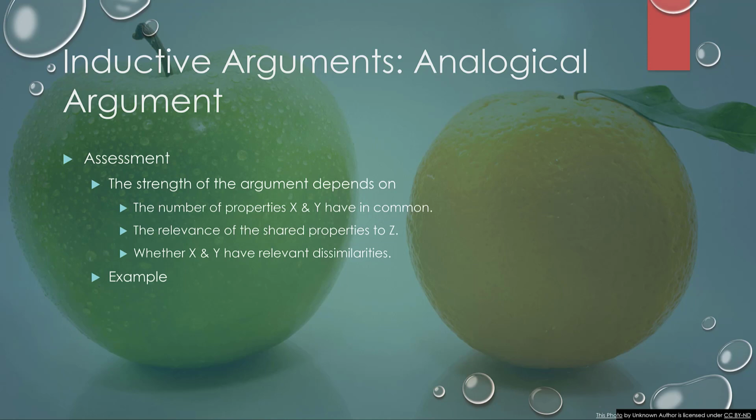But if you were to say, well, I'm a philosophy professor, my coffee cup is like me, therefore my coffee cup is a professor, you'd probably think that's not a good argument, despite all those shared properties. That's why we have the other important standard, which is the relevance of those shared properties to the thing you're concerned about.